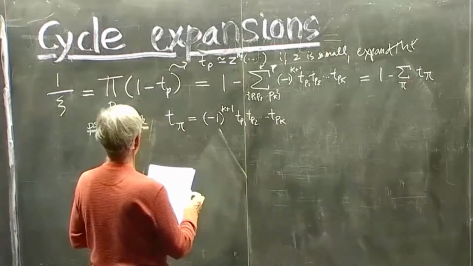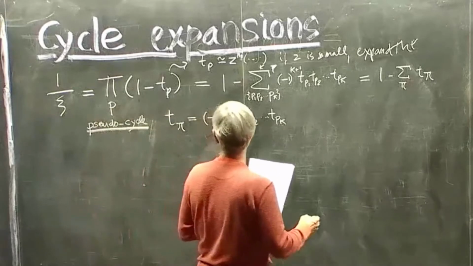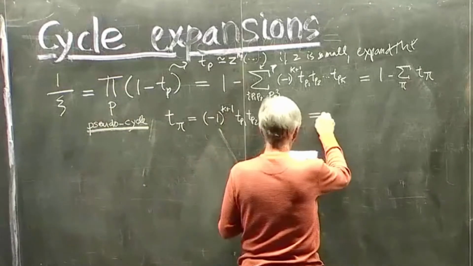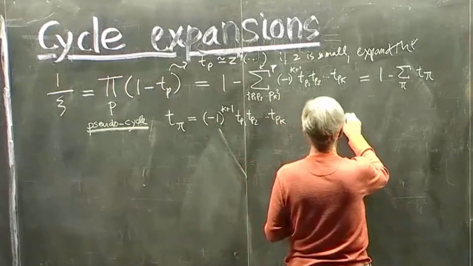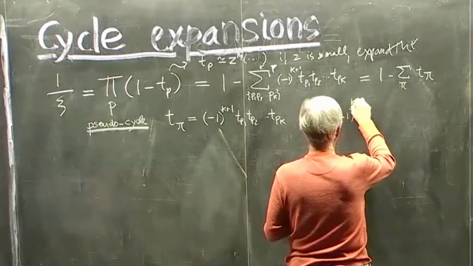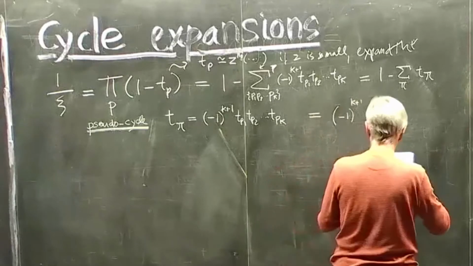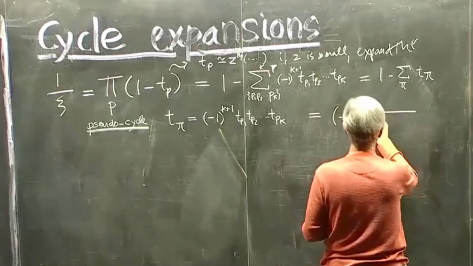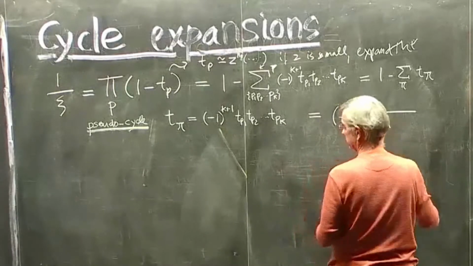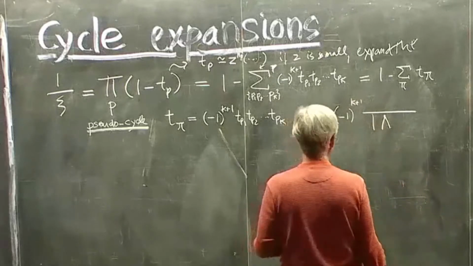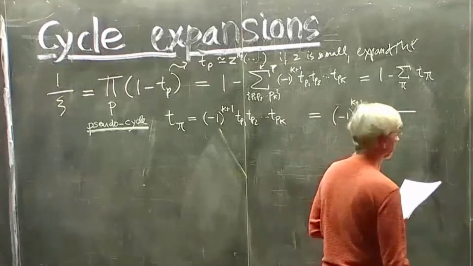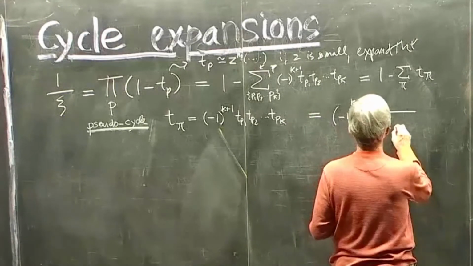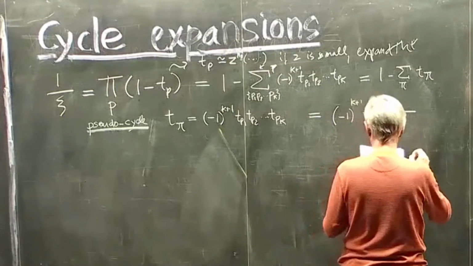And what does an individual pseudo-cycle look like? It is a product. So it has this minus 1 to the k plus 1. Then downstairs, it has a weight, which is a product of stabilities, expanding parts of Jacobians of all cycles. I'll write it in detail.